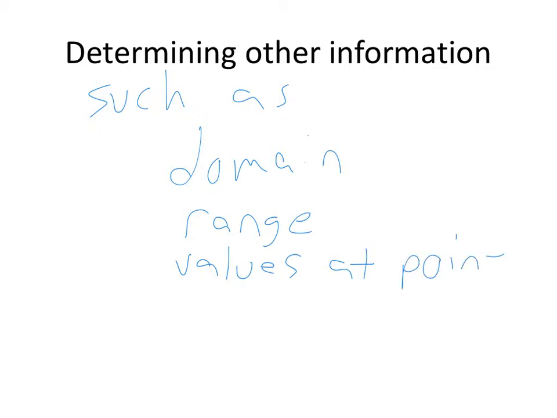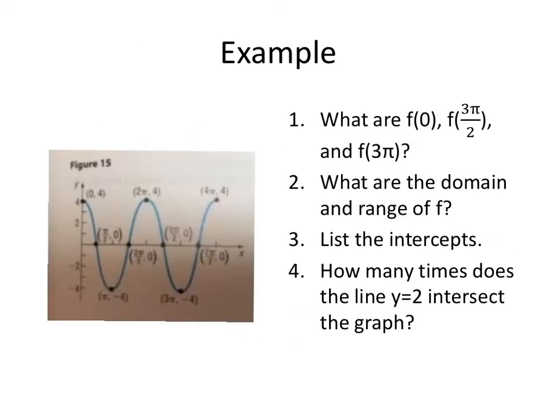Remember, we said that the y values can just be referred to as the values of x, or just be referred to as the values of the function at a point x. And we can also determine the intercepts. So here's an example. Using this graph, determine the following four questions.